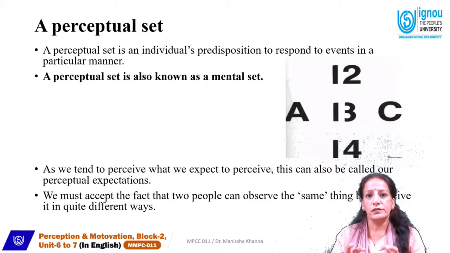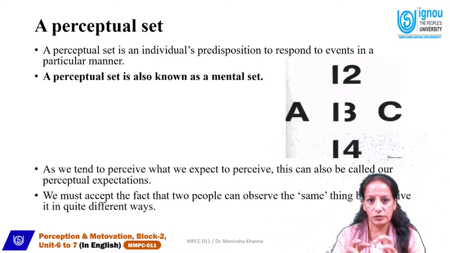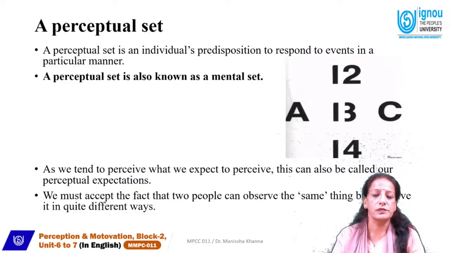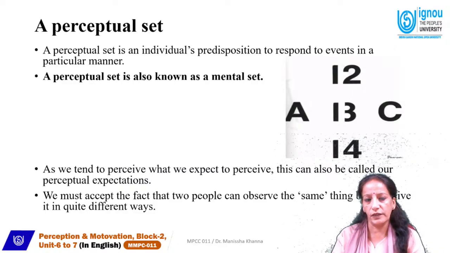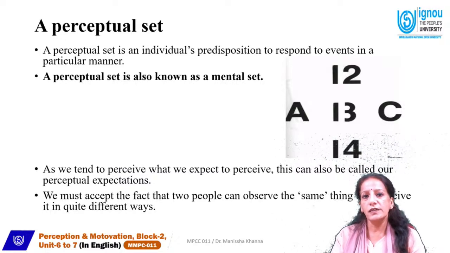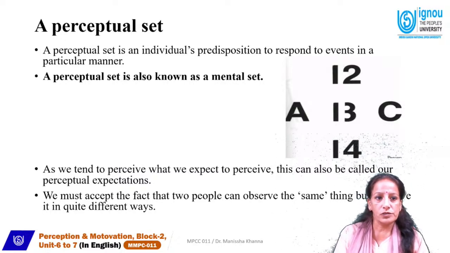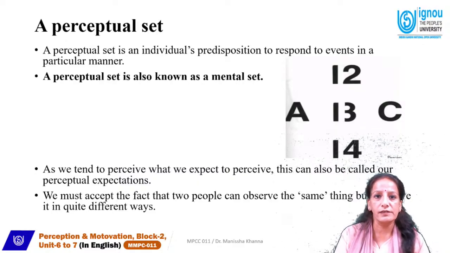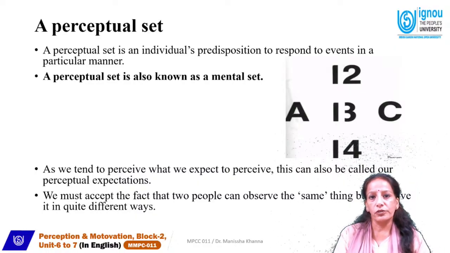When it is grouped together with numbers, it is 13. When it is received with the alphabet, it is seen as B. So this is perceiving on the basis of expectations.